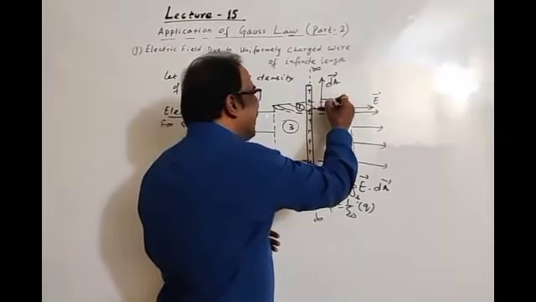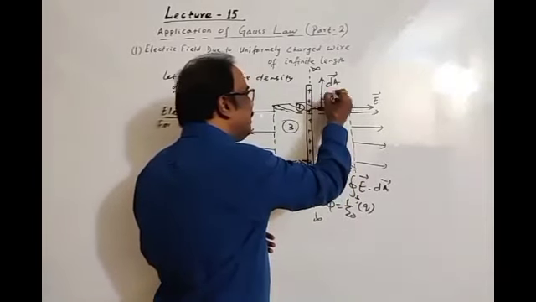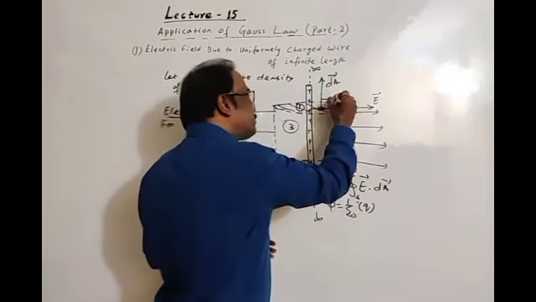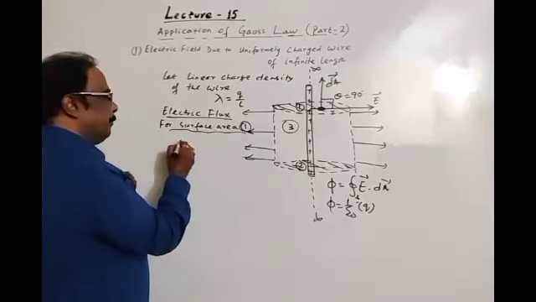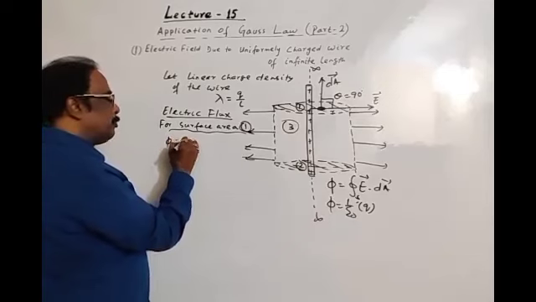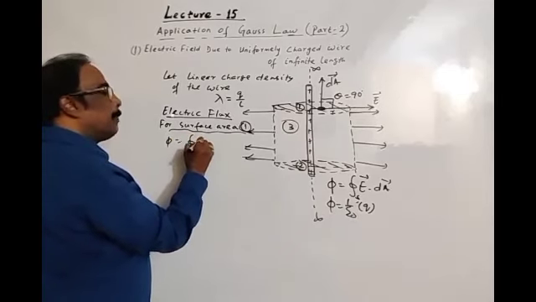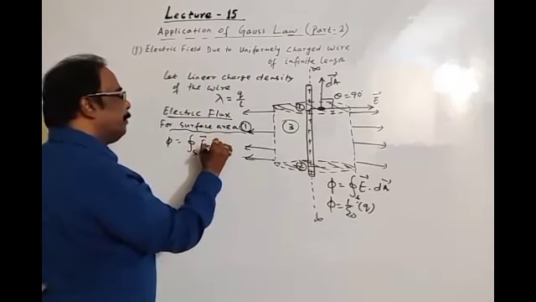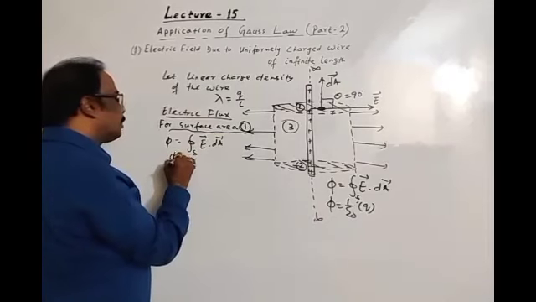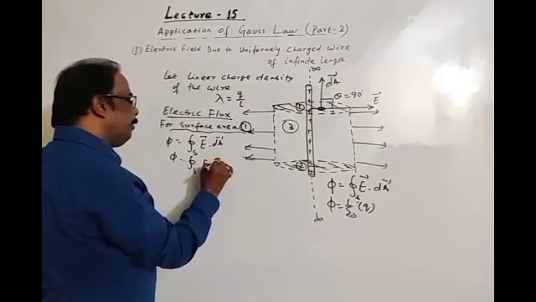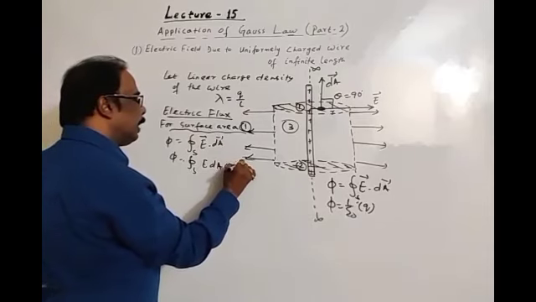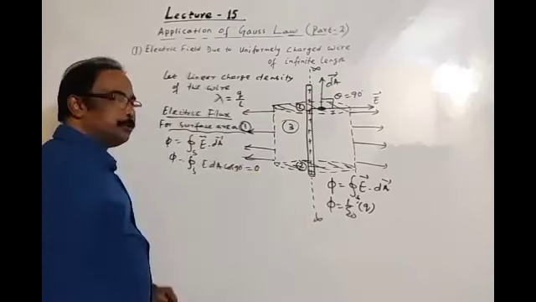Now the angle between E and the elemental surface area vector is 90 degrees. Then for surface area 1, phi is the surface integral of E dA cos 90, so flux is 0.